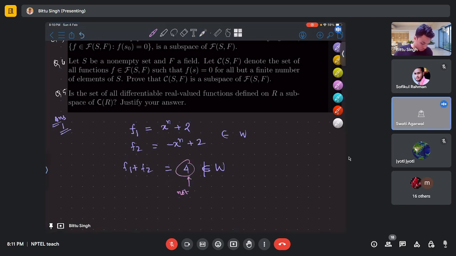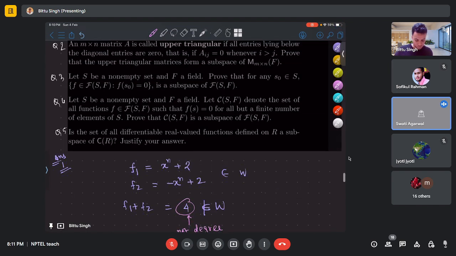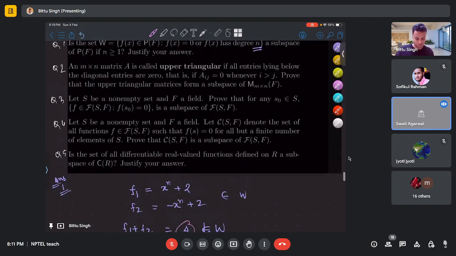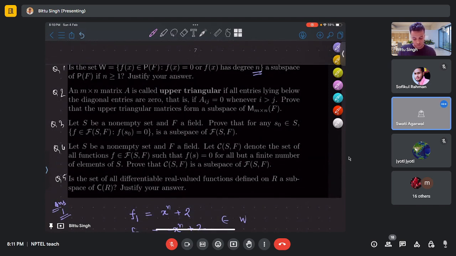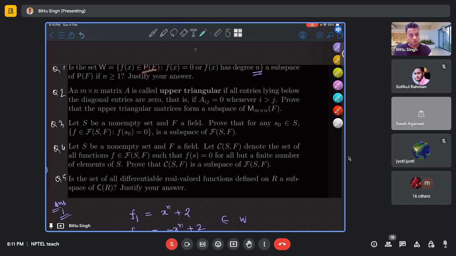Sir, to understand the question once again, how do I read this question? Is the set W a space of polynomials? What is P of F? P(F) means the polynomial space, whose entries can be any polynomial, like a0 plus a1x plus up to anx to the power n.